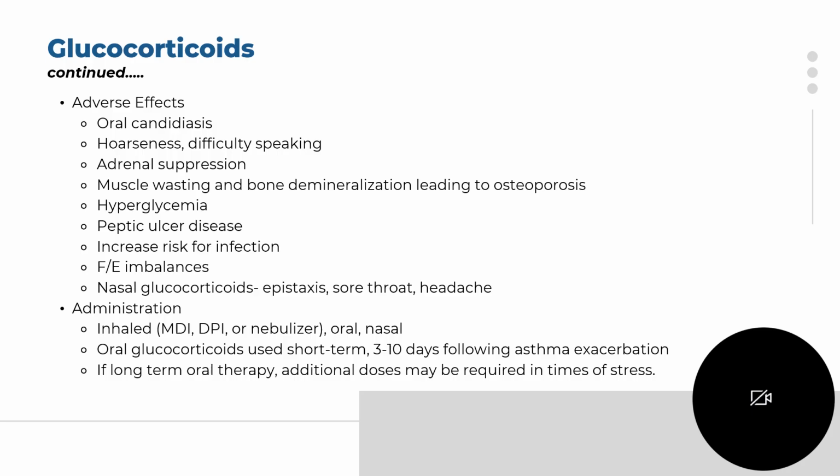It can be given by metered dose inhaler, nebulizer, orally, nasally, and usually for treatment, they're going to have it within 30 days. You don't want people to be on these long term unless they absolutely have to because they can't breathe, right? We would like to avoid this because of the severe complications that can occur.